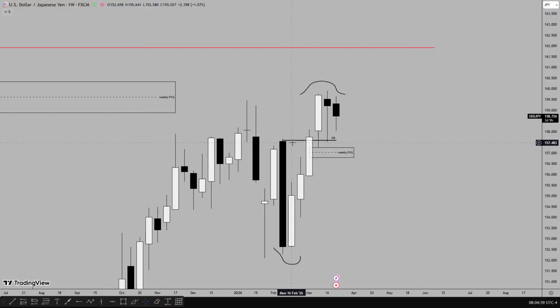So on the weekly time frame, I got a little confused about which bias I should stick to: the idea of price respecting the order block and trading higher, or the idea of the dollar index retracing lower.